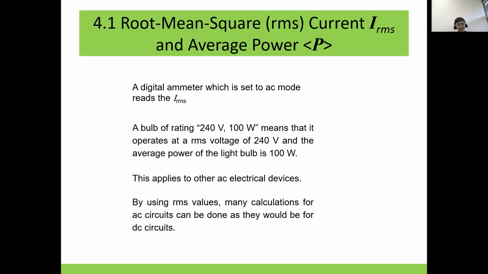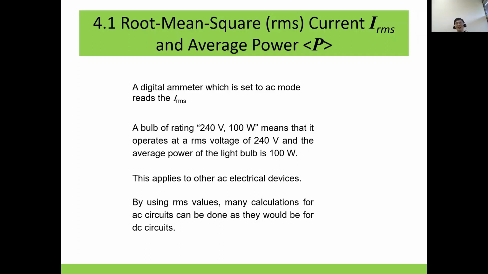This is something that you need to know because it comes out in different questions. Next, why do you need to use RMS values? One of the questions that I get often is, why do you need to complicate matters? Can't we just use the mean square current? Well, because you want to calculate power, if you keep using mean square values, then you need to keep square rooting it.